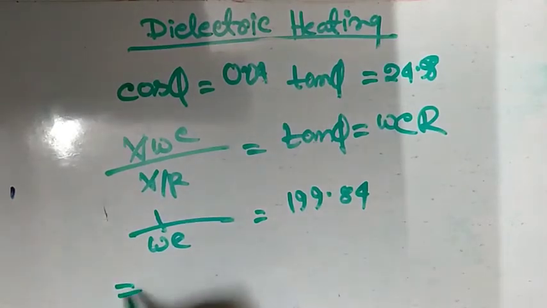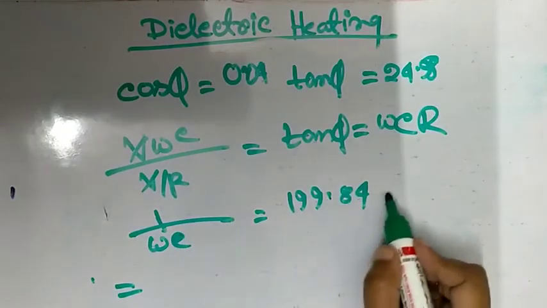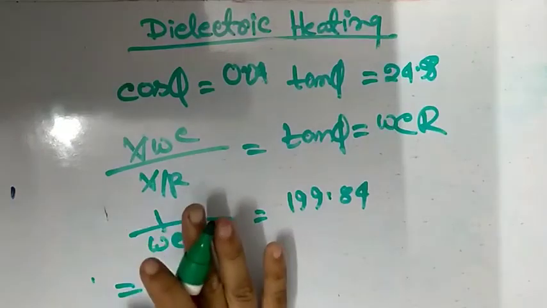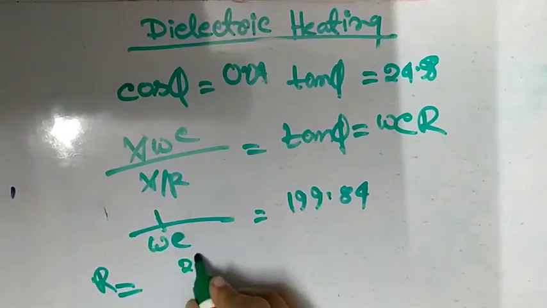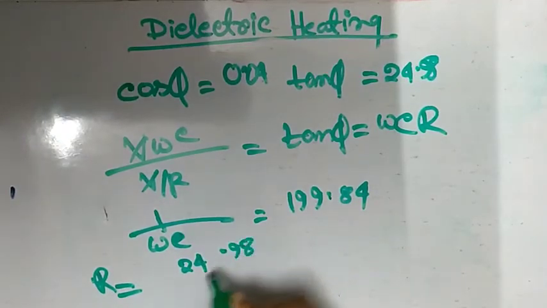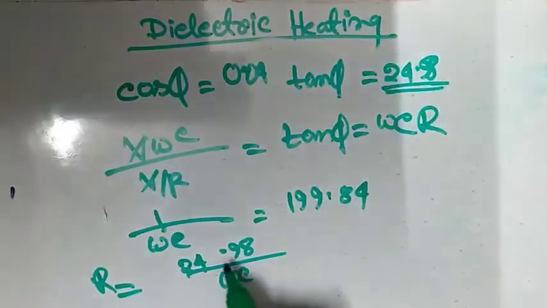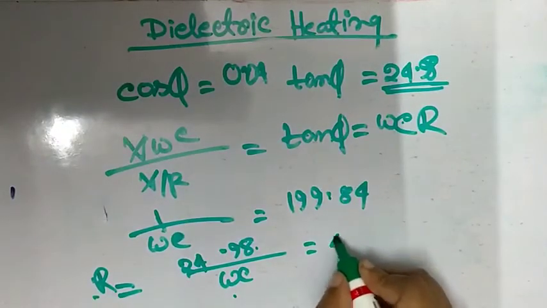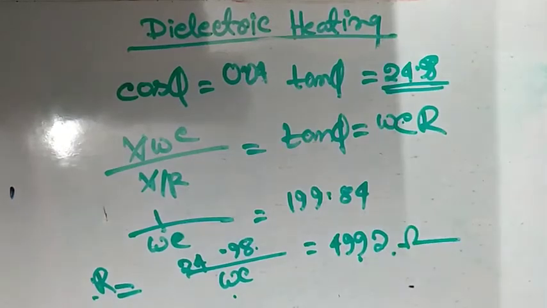Now 1 by omega C is 199.84. This is the capacitive reactance. We have just calculated it. So, the value of R is equal to 24.98 by omega C, because tan phi is 24.98. So, 24.98 by omega C is equal to R and the value of R is 4992 ohm.